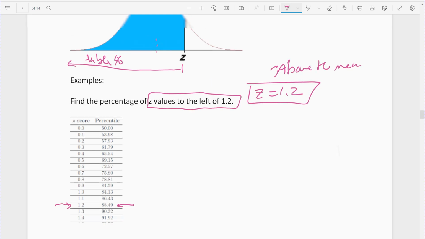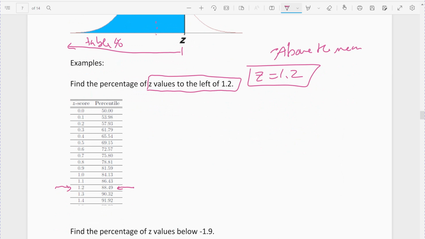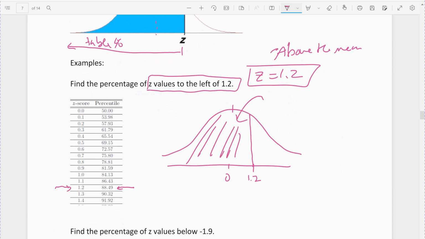It's a percentile. And so if we went to draw the picture, my mean is at 0 on my standard normal curve, my z-score is 1.2, and that really does represent 1.2 standard units above. And so this would represent 88.49%. That's what that represents. So 88.49% of the scores are less than 1.2 standard deviations above the mean.